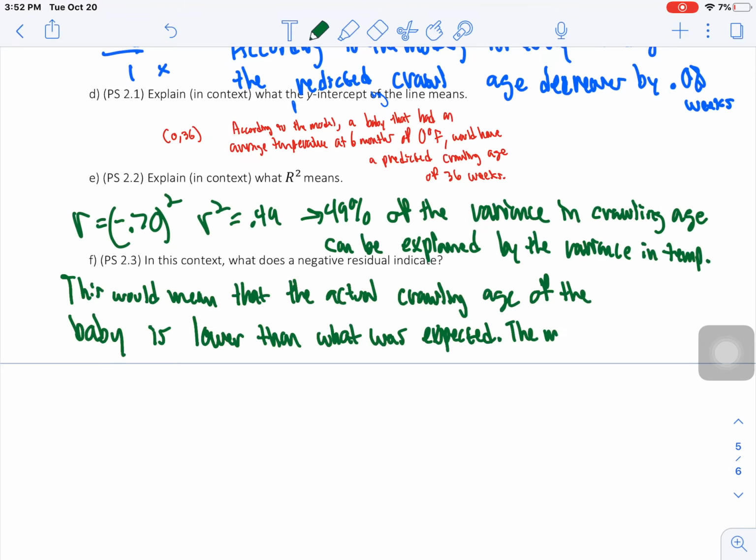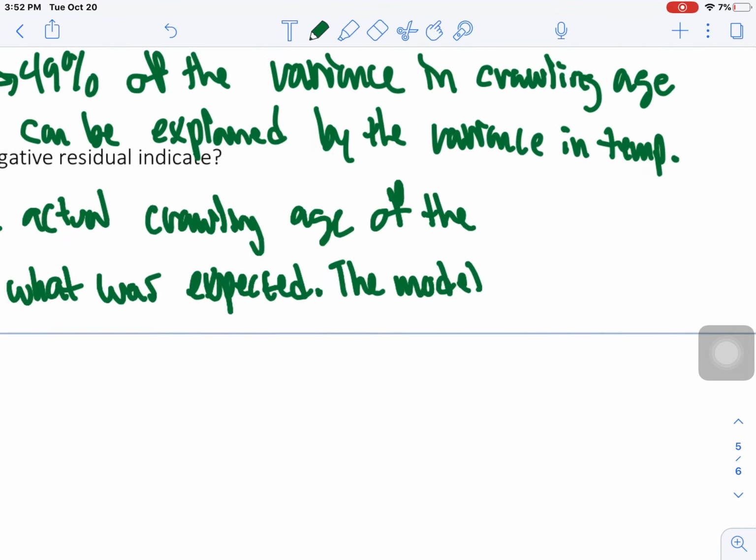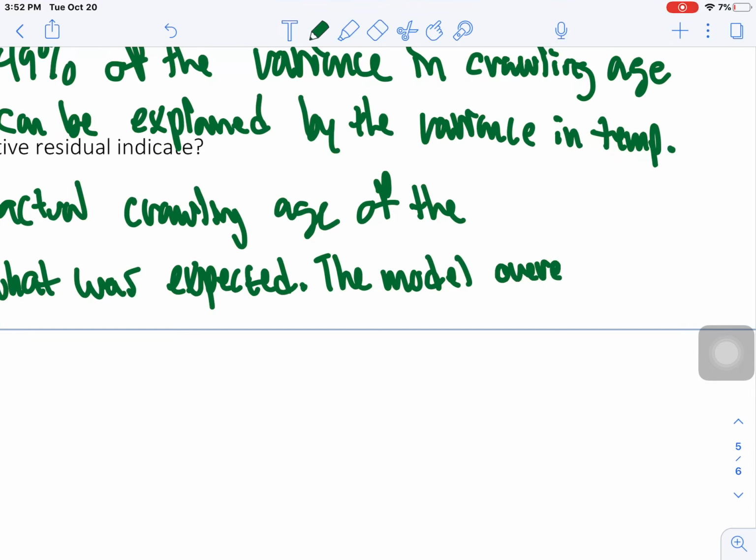Or we can say that the model, or the equation, overestimated.